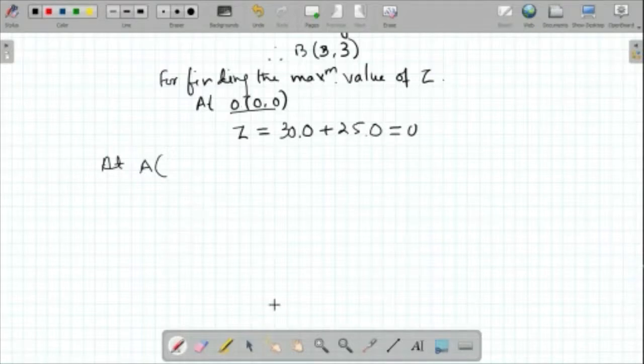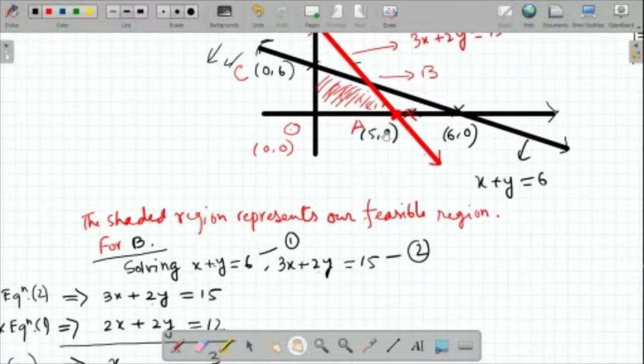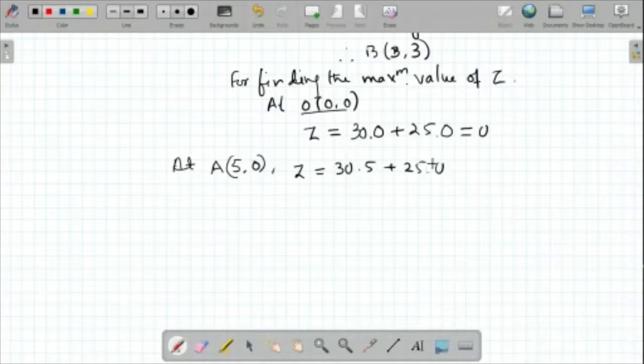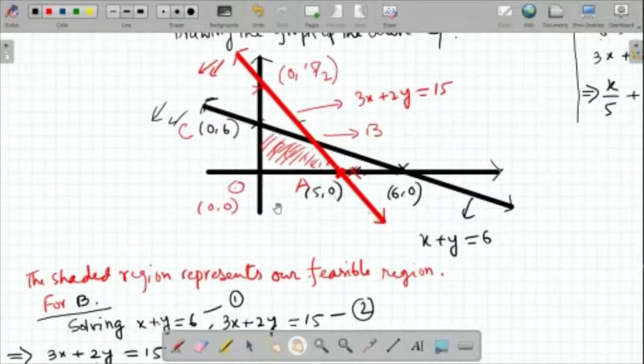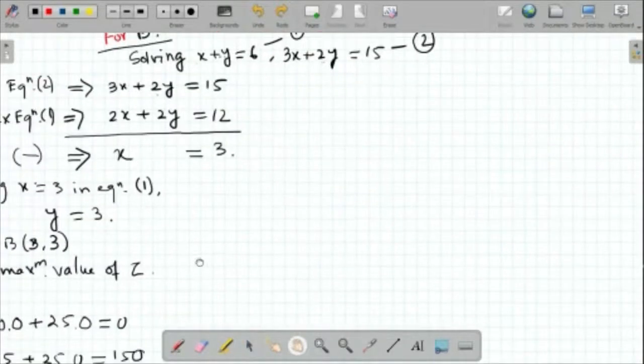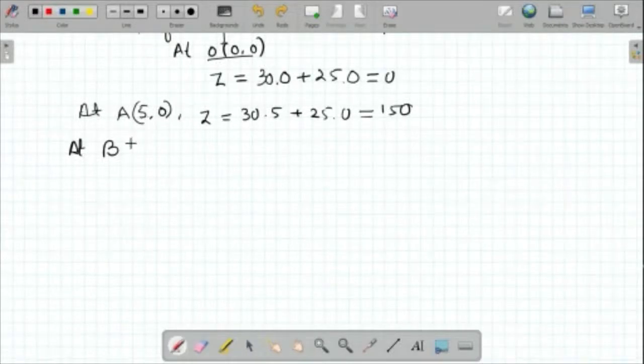Now let's find it at a. What is the value of a? 5 comma 0. 30 times 5, y is 0, so it will be 150. Now at b, what is our b?